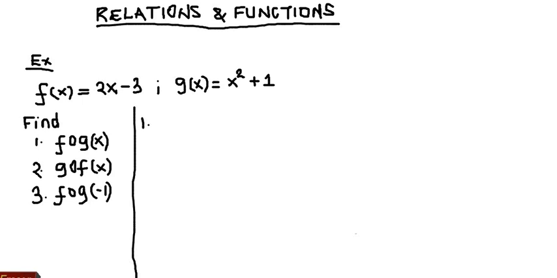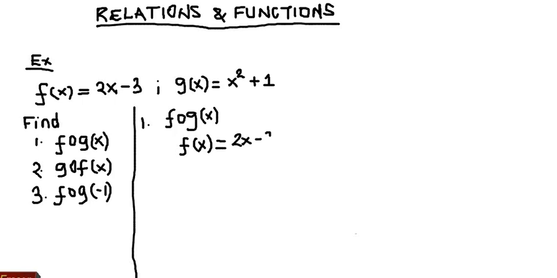So this is how we get the composite function. In order to get f of g of x from the 2 functions that we've been given, it simply means we are starting off with the function f of x, which is given to us as 2x minus 3.